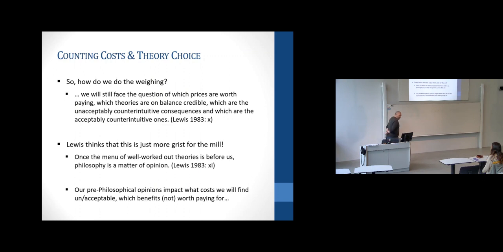So, how do we do the weighing? Well, that's just more stuff that's going to go into this deciding. Put another way, remember the question we had about the formal method. Which inference rules do we like? Well, remember how we said we already had to buy certain inference rules to then put them into our formal system? Same thing here. Which costs and benefits are you going to find extremely costly or extremely beneficial?